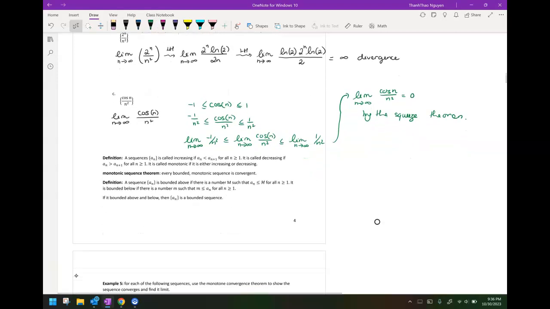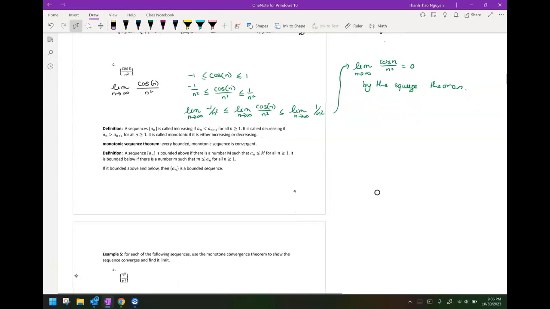Now, a sequence is called increasing if the previous term is less than the current term for n greater than or equal to 1.